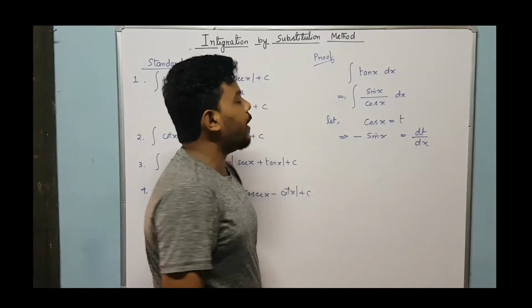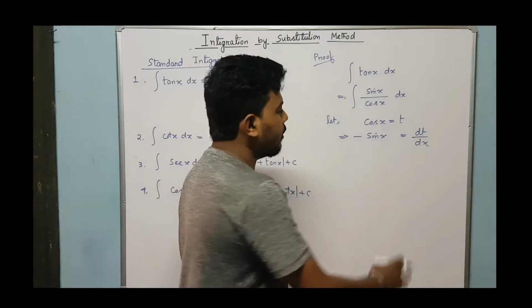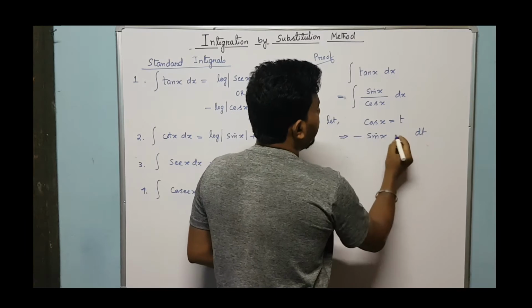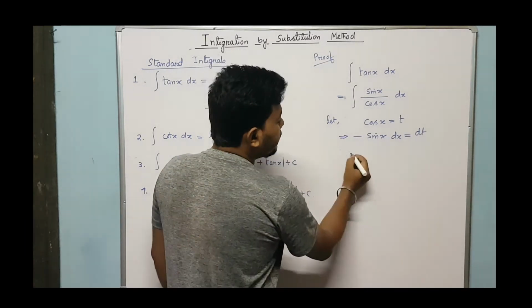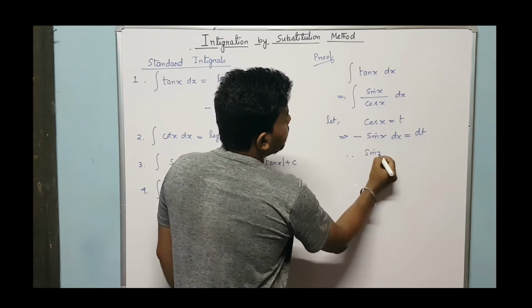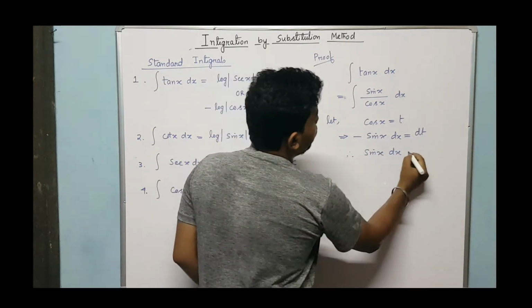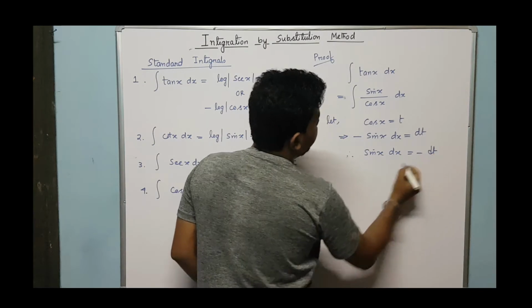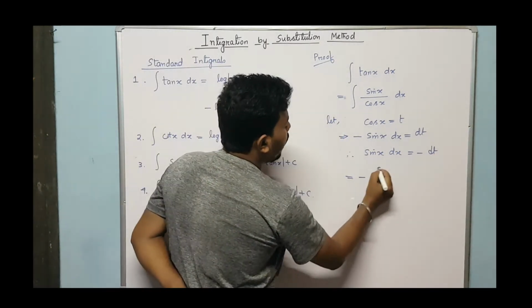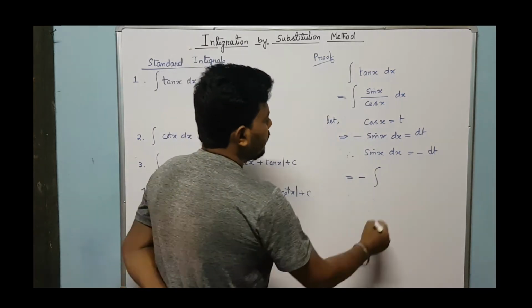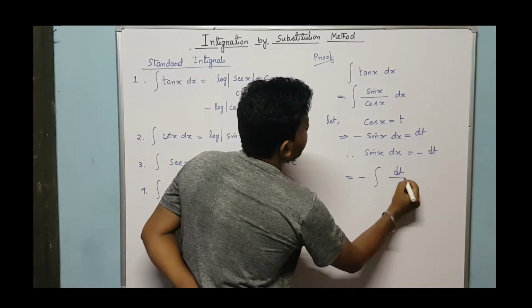So if I multiply by dx on the left side, I will get dx is equal to dt. It implies sin x dx is equal to minus of dt. So the integral becomes minus sign comes outside the integral, dt by t.